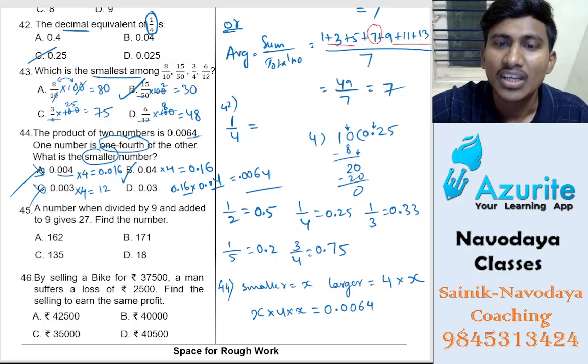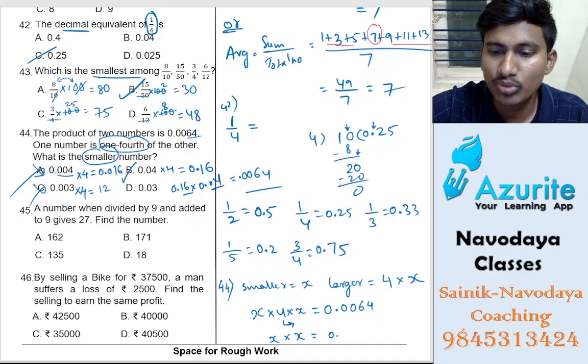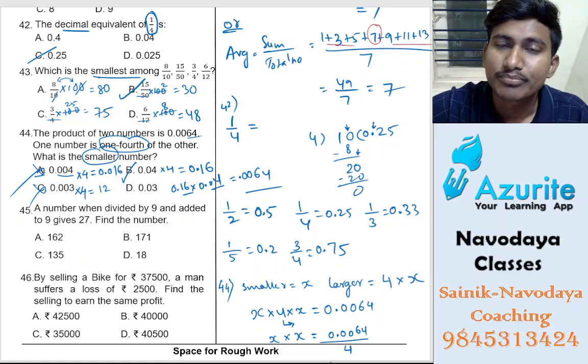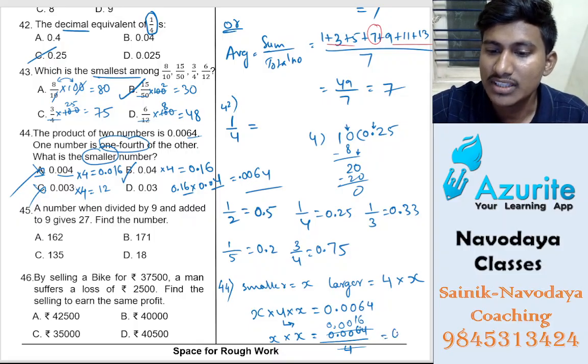Now if you take this 4 to that side, it will divide. So x into x will be remaining, so 0.0064 divided by 4. What will be the answer? 4, how many is 0.004, ones are 4, 2 will be remaining, 4 6s are 24. So the answer will come 0.0016.